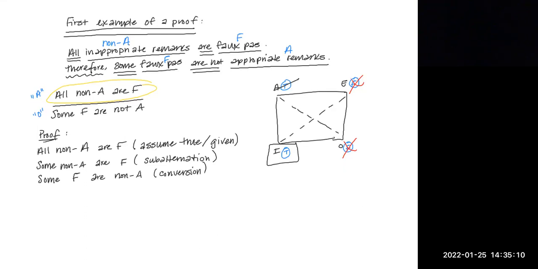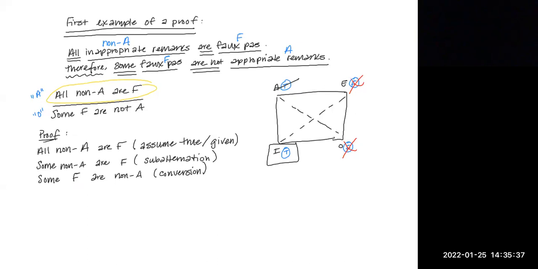Let's just switch the places of the subject and predicate terms. That gets us part of the way there, because now my non-A is in the predicate position, so that I can use obversion, the only one that will allow me to go between R and R naught without disturbing my subject term.